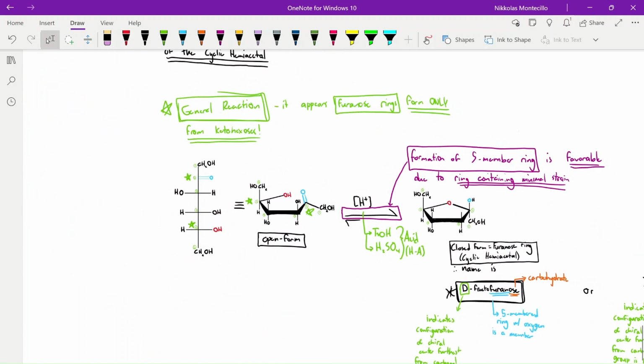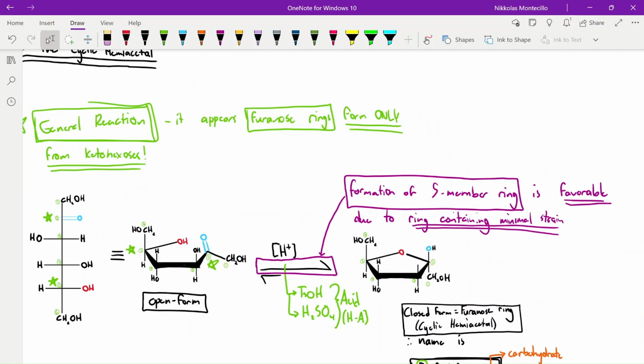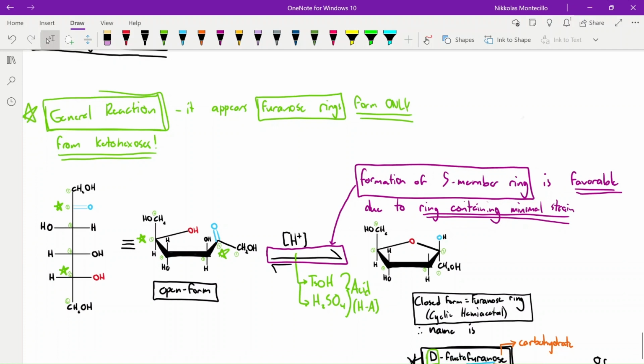And we can see that formation of the five-member ring is favorable due to the ring containing minimal strain. It's not experiencing less strain relative to a six-member ring, but it's still a minimal amount of strain, enough for the forward reaction to be favored.